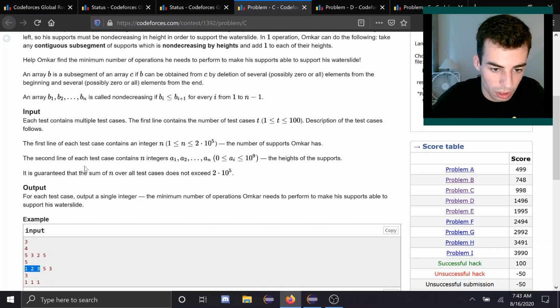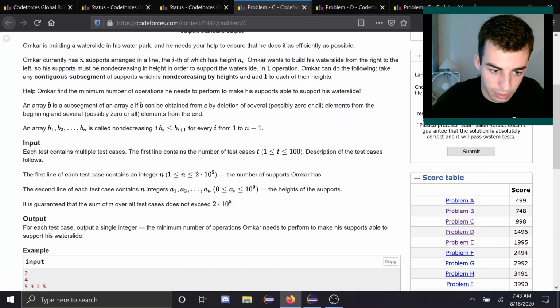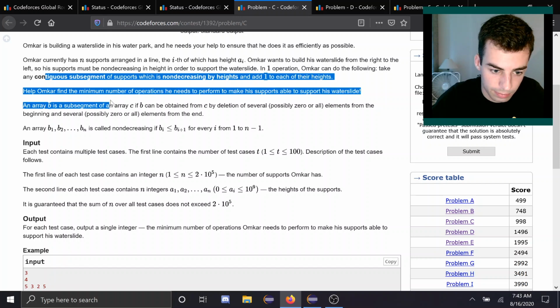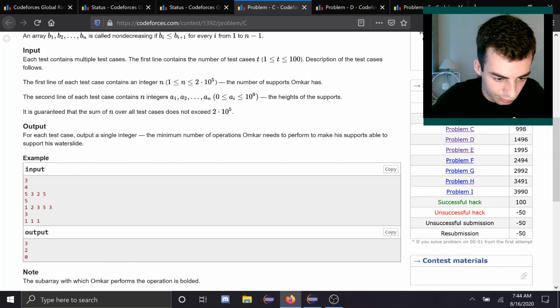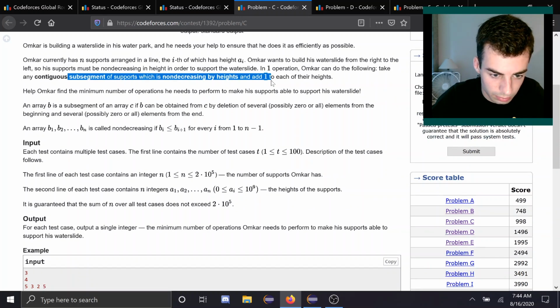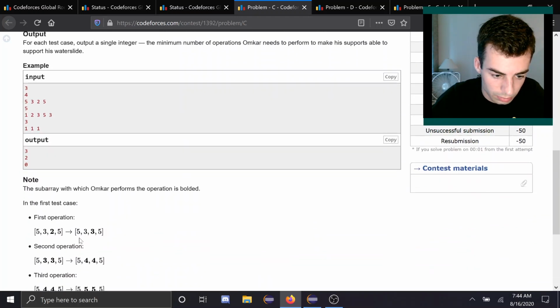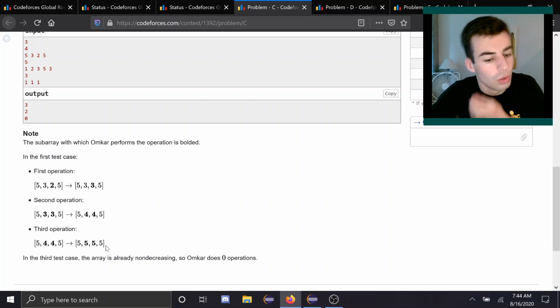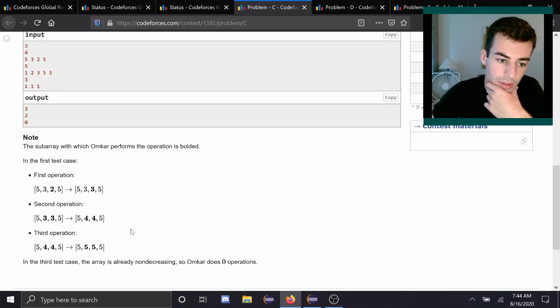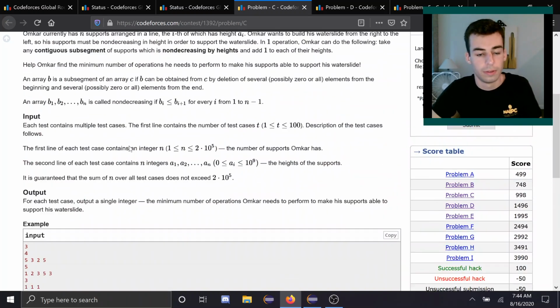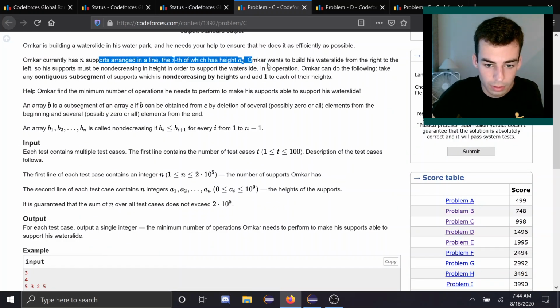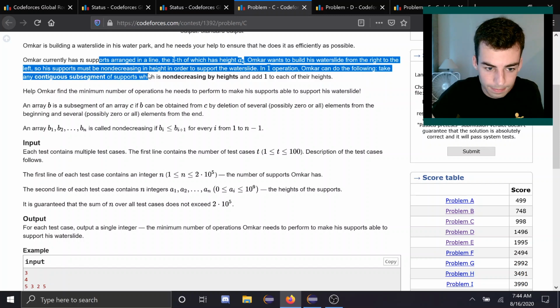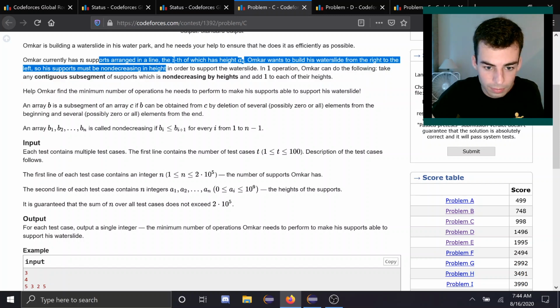So why am I wrong then? Wait, we want to make it increasing left to right? Oh, I see.